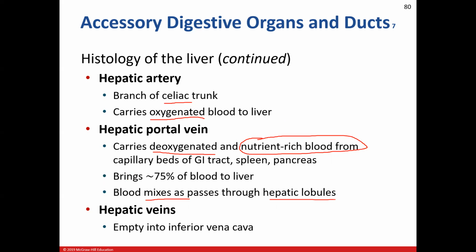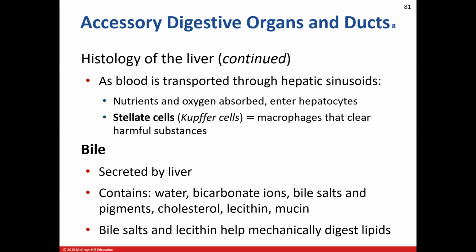All that is going to drain into those hepatic sinusoids, and then those hepatic sinusoids are going to drain into the central veins. Those central veins are going to drain into the hepatic veins, and the hepatic veins drain into the inferior vena cava. That inferior vena cava travels upwards to the heart and drains into the right atrium. A lot of stuff is going on in the liver. It's really amazing.